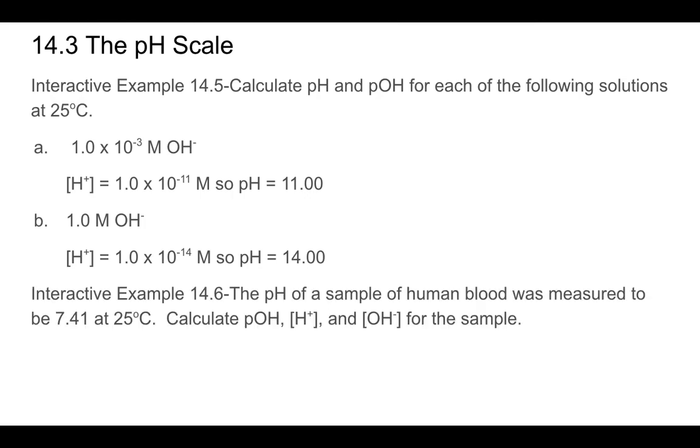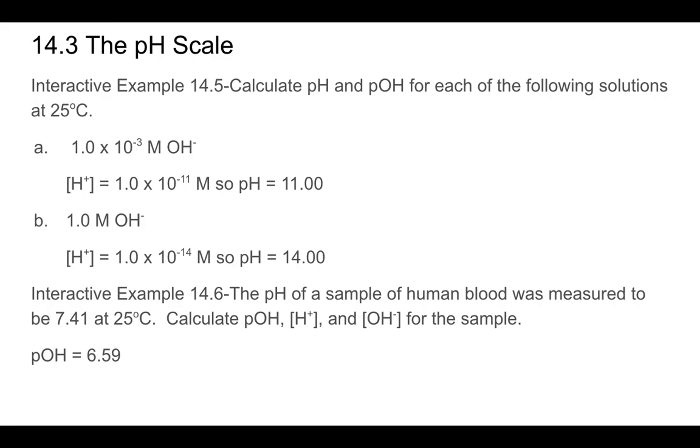Now let's talk about doing a decimal of it. Human blood is about 7.41 pH. Let's find the pOH, the molarity of H plus, and the molarity of OH minus, because we know the pH is 7.41. 14 minus 7.41, the pOH is going to be 6.59.